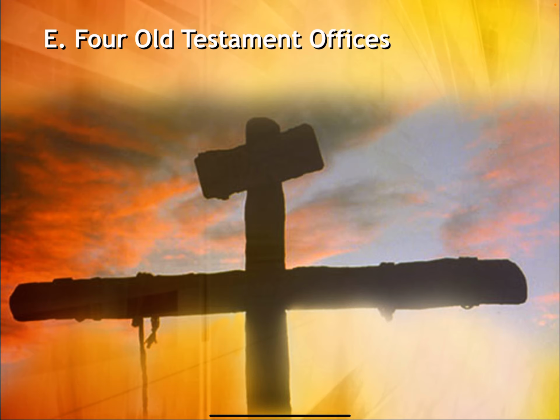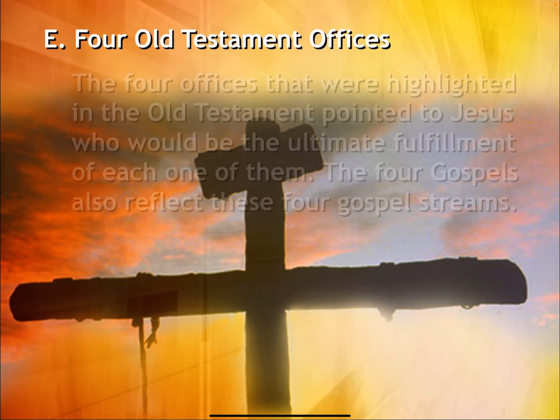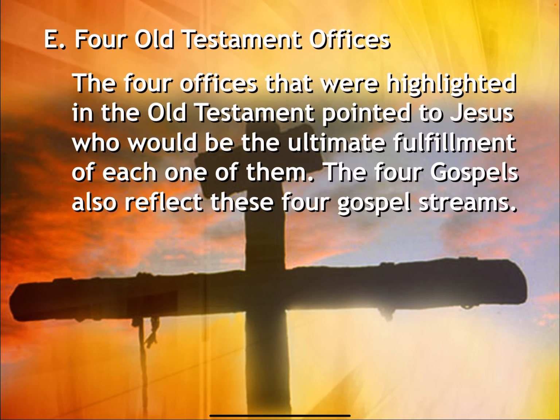Look at the four Old Testament offices. They were highlighted in the Old Testament and they pointed to Jesus, who would be the ultimate fulfillment of each one of them. The four Gospels also reflect these four gospel streams or these four offices in type.